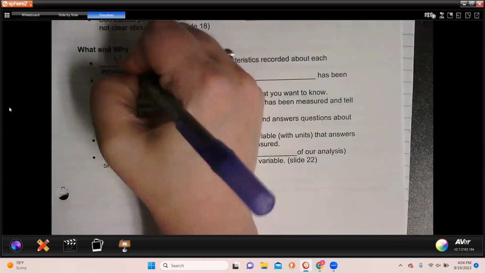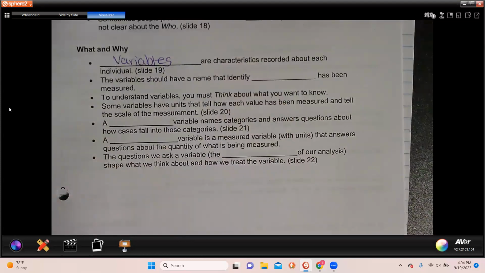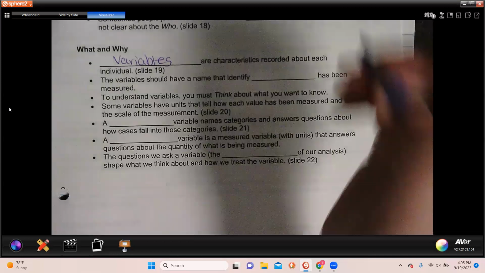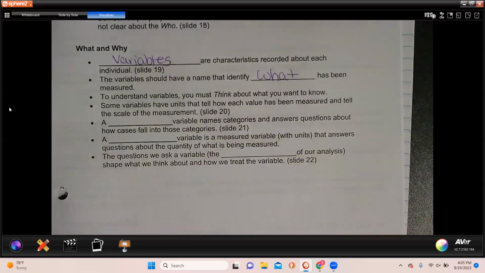Okay, so variables are characteristics recorded about each individual. They're not just letters that represent an unidentified number. They are also characteristics that we record. The variable should have a name that identifies what has been measured. To understand variables, you must think about what you want to know. That's really important.